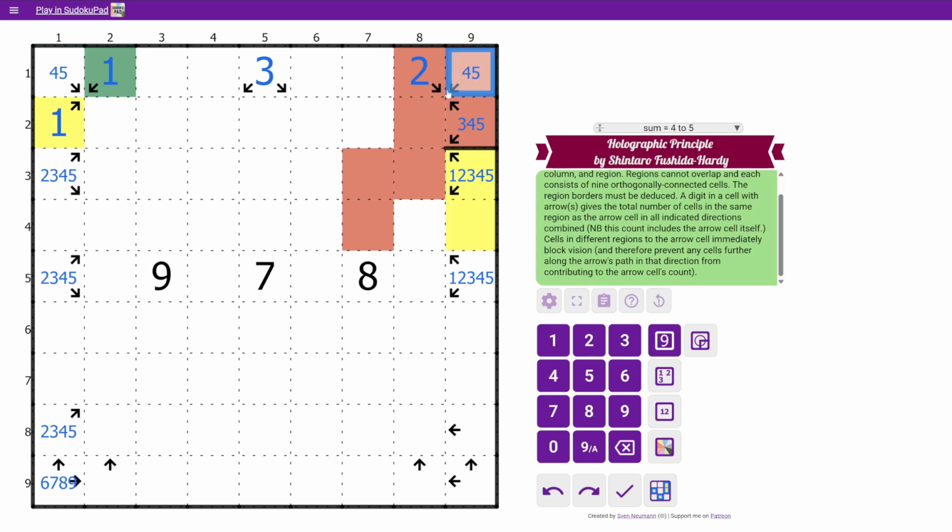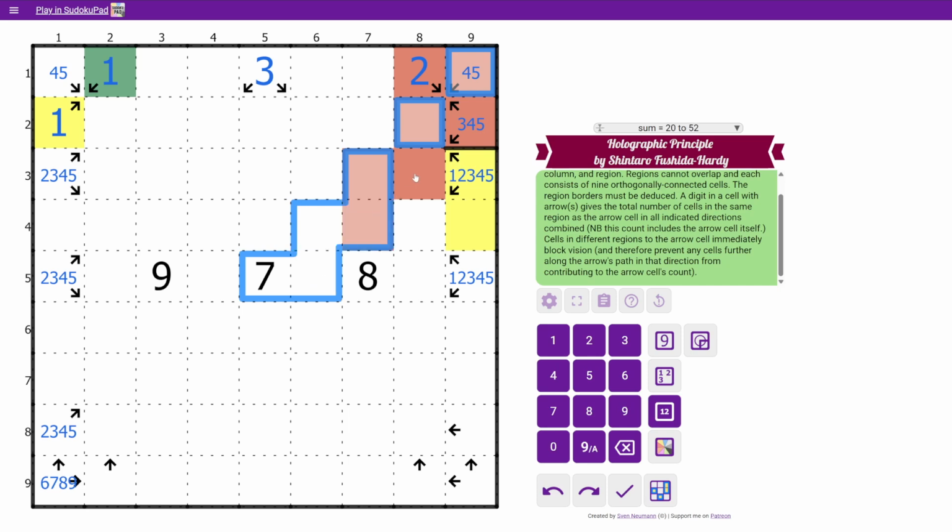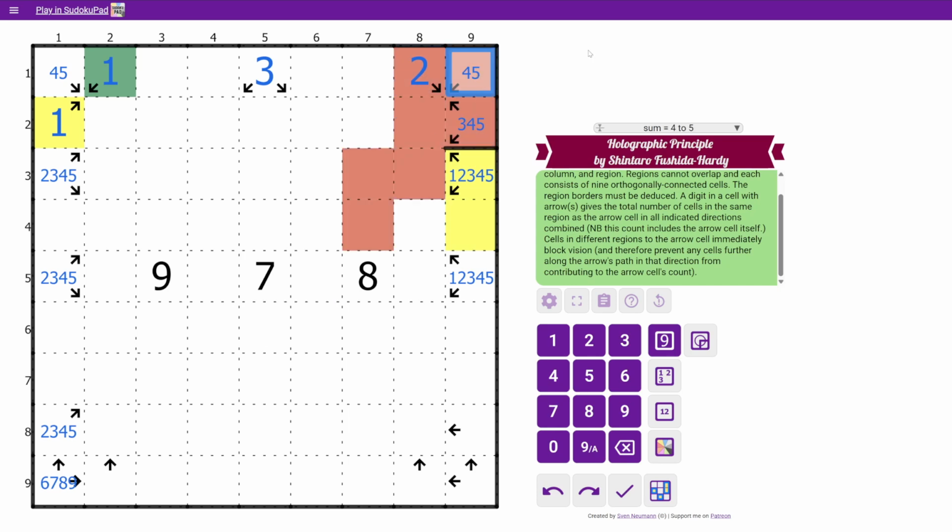And then this one is going to be 4 because, as we looked earlier, if it were 5 and these were all, that would be 10 already. That would be 10 cells. So this is 4. And then red goes down to there at least.